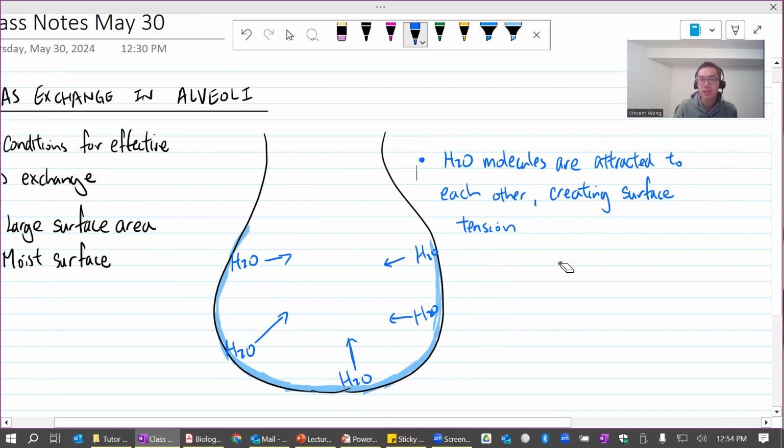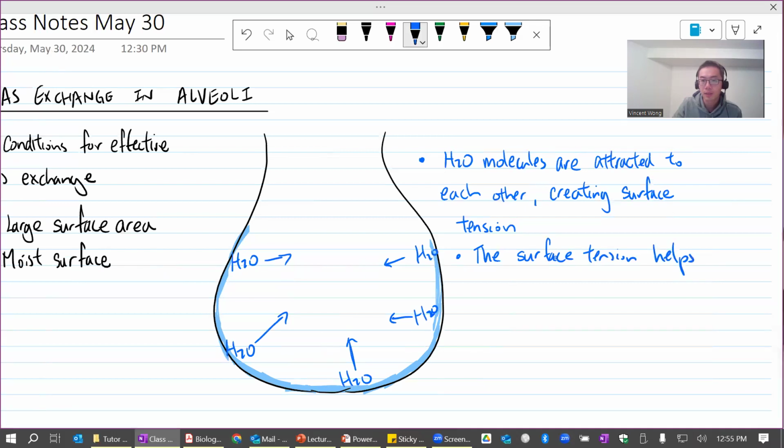Do you think this surface tension is going to help with breathing in, or is it going to help with breathing out? Breathing out? That's right. The surface tension helps with exhalation because it's like squeezing the air out, right?